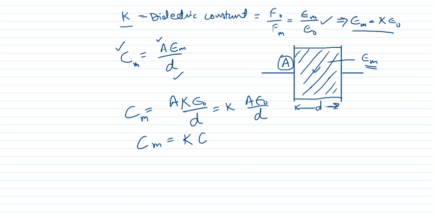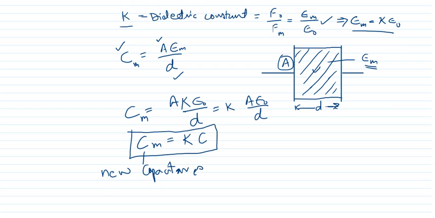So therefore this is the new capacitance. New capacitance, meaning with medium, is equal to K times capacitance without medium.